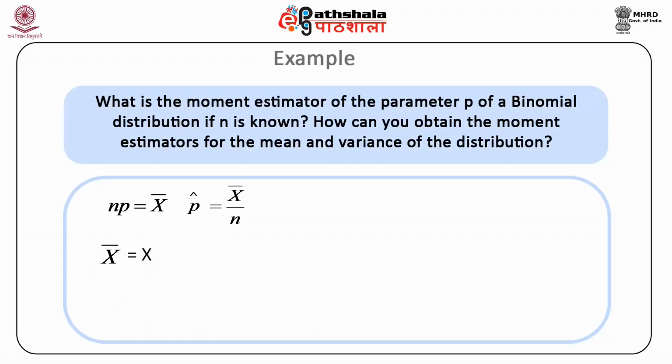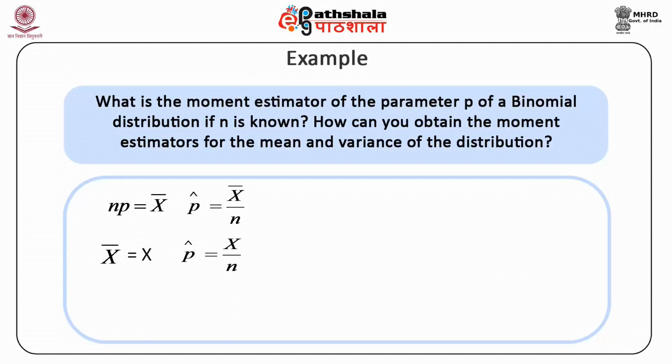However, in any one sample, there is only one possible value of x. It cannot take different values in the same sample. Hence, x bar is equal to x, and the estimator is p hat equal to x by n, which is the proportion of success in the sample.